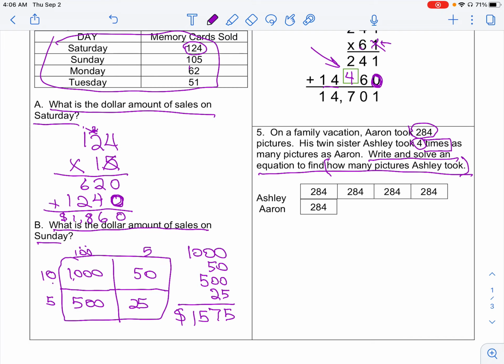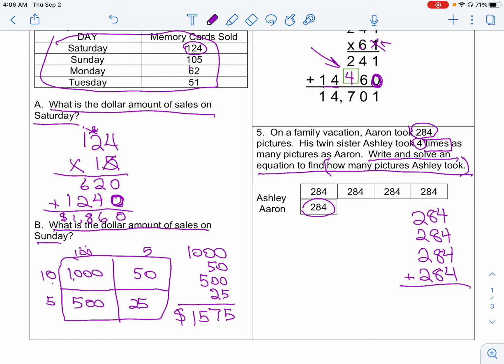Well, looking at the diagram, here's Aaron's pictures. He took 284 pictures. Ashley took 4 times as many. So when you take 284, you could literally go 284 plus 284 plus 284 plus 284, add it all up, and you would find out what 4 times as many is.